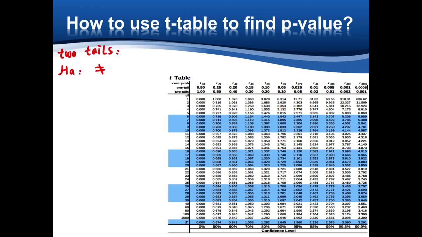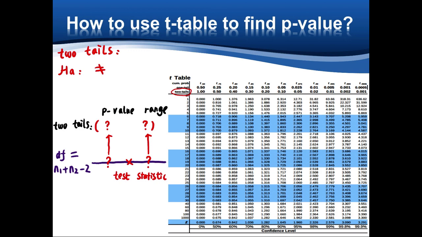Similarly, if HA is not equal to, it is a two-tails problem. Look at the row of DF, which is n1 plus n2 minus 2. On that row, find the two neighbors of the test statistic and up to the two-tail row range.